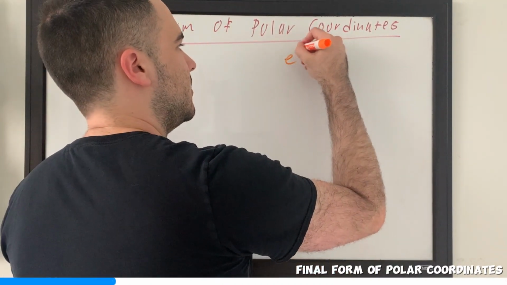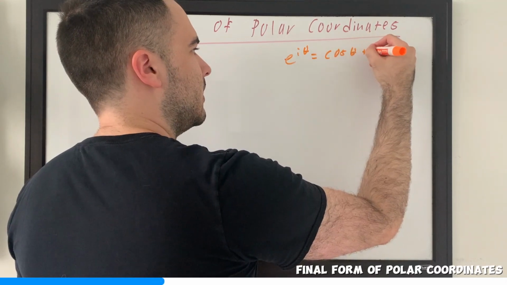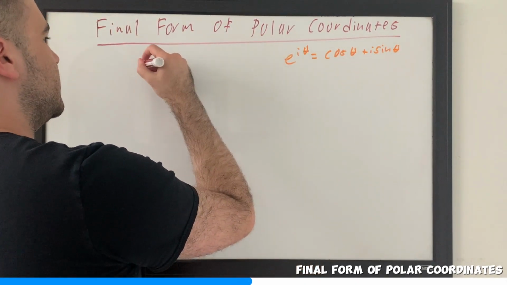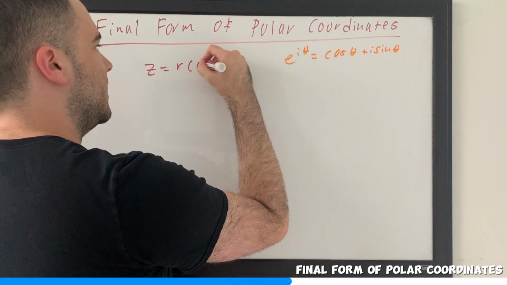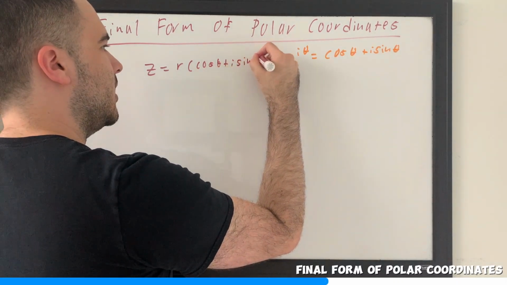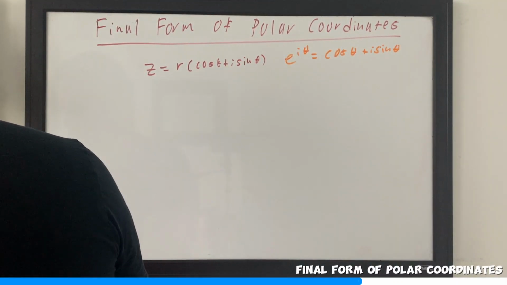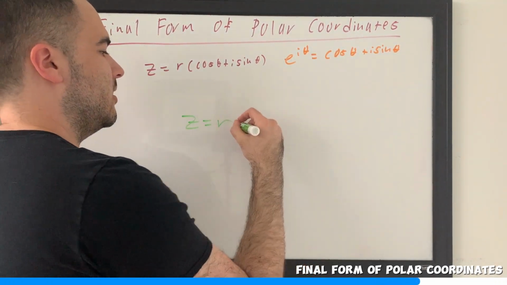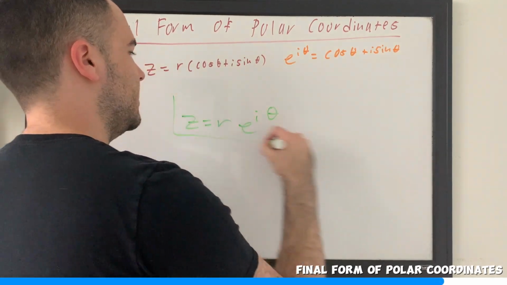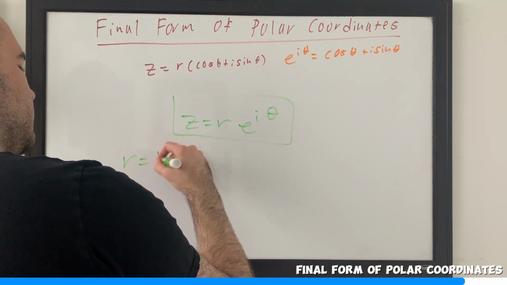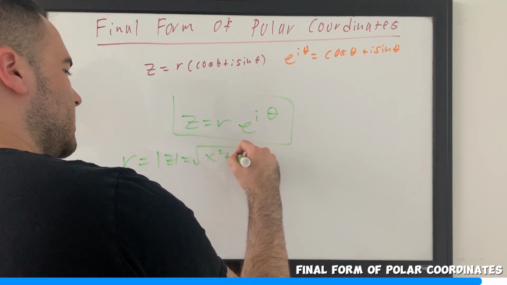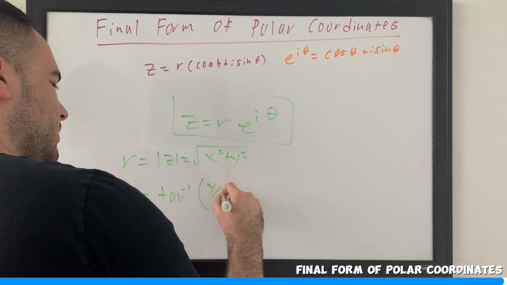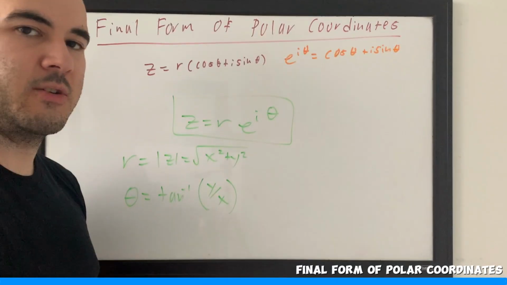So, using Euler's equation, as well as what we did in the beginning of the video, which was show that z is equal to r times cos theta plus i sine of theta, we now get that the final form of polar coordinates is z is equal to r times e to the i theta, where r is equal to the modulus of z, which is the square root of x squared plus y squared, and theta is equal to the tan inverse of y over x, where x is not 0.